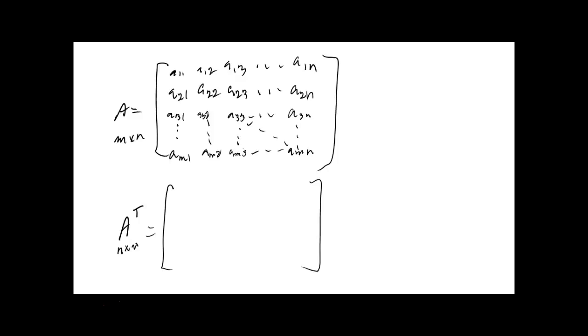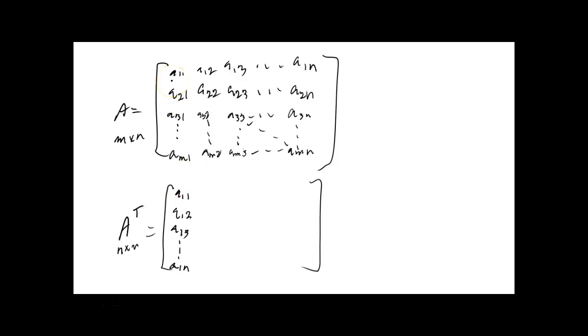Okay, and the transpose says we exchange the rows and columns. So what was a row here becomes the column here, okay? So that's going to be A11, then going down A12, A13, dot, dot, dot, down to A1N, okay?